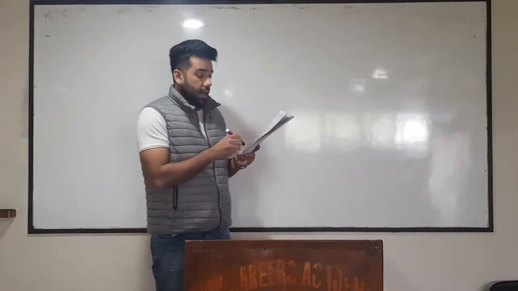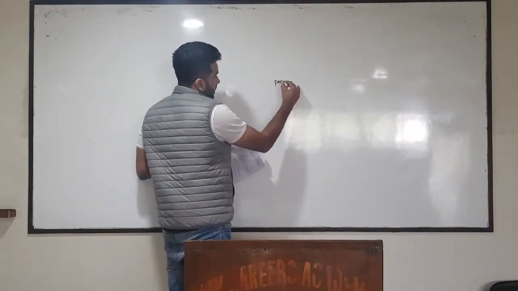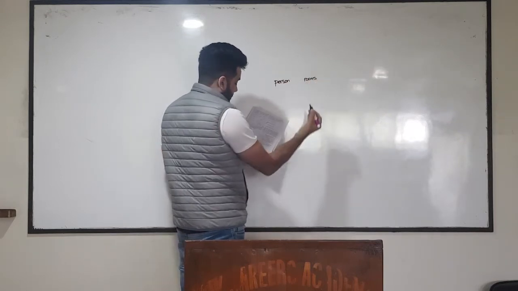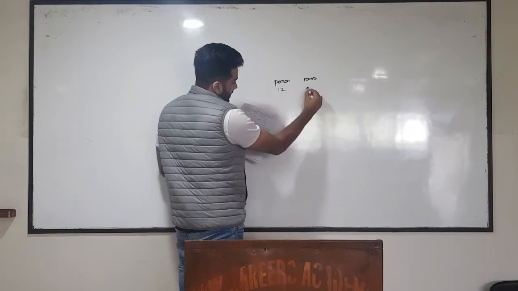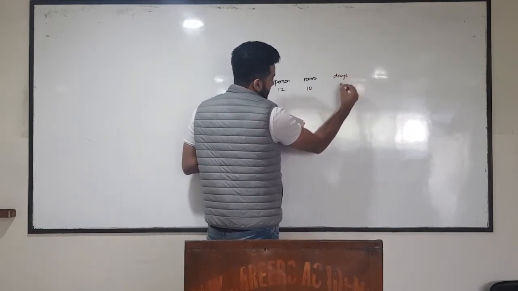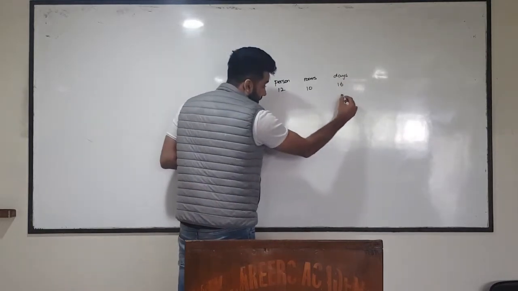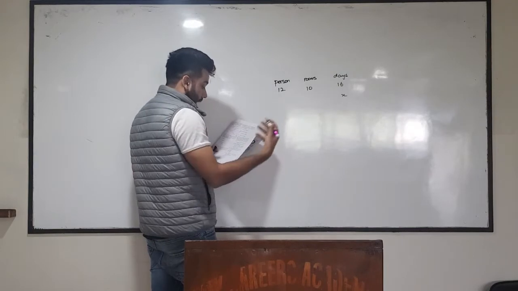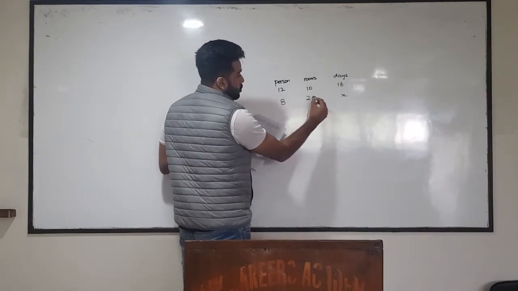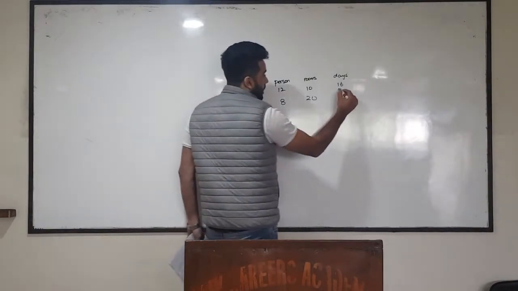12 persons can paint 10 identical rooms in 16 days. This is your unitary method question. In how many days X can 8 persons paint 20 such rooms? In the unitary method, what is not given? The number of days.